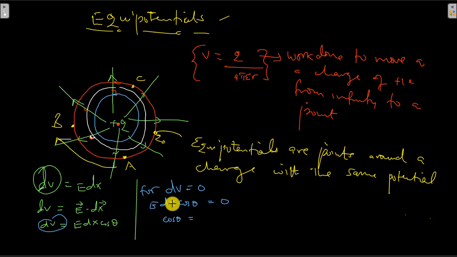E and dx may not necessarily be 0, but cos theta here will have to be 0. So this means that theta would have to be 90 degrees strictly. That's why the electric field lines and the equipotentials are perpendicular at all points. That's a good point to observe when drawing equipotential lines.